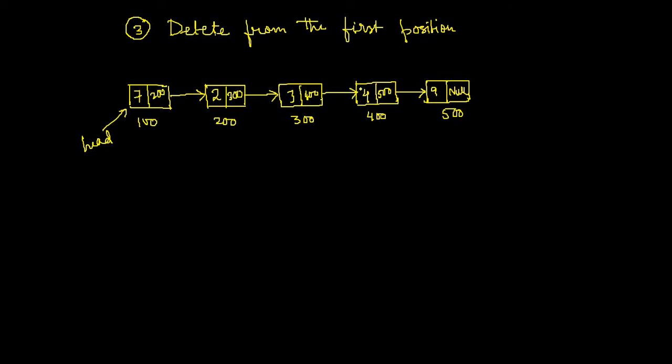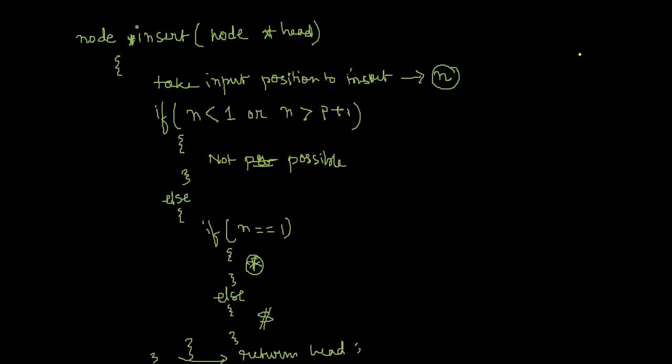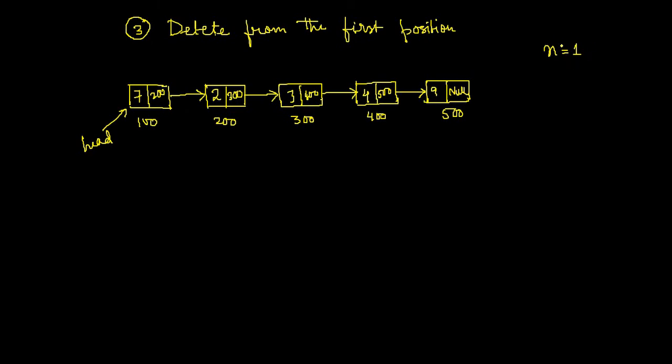And suppose there is a function for delete that the user has called, and the position is right now equal to 1. Here we have considered position starting from 1. So suppose it is 1. That means actually I want to delete the first node.